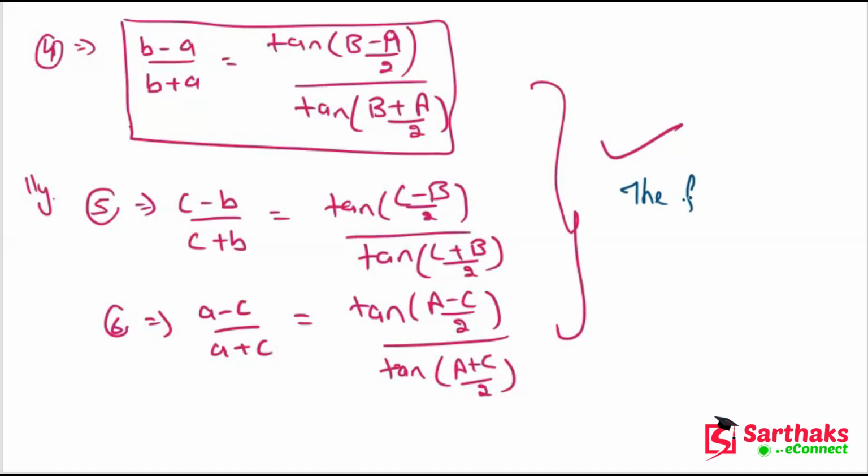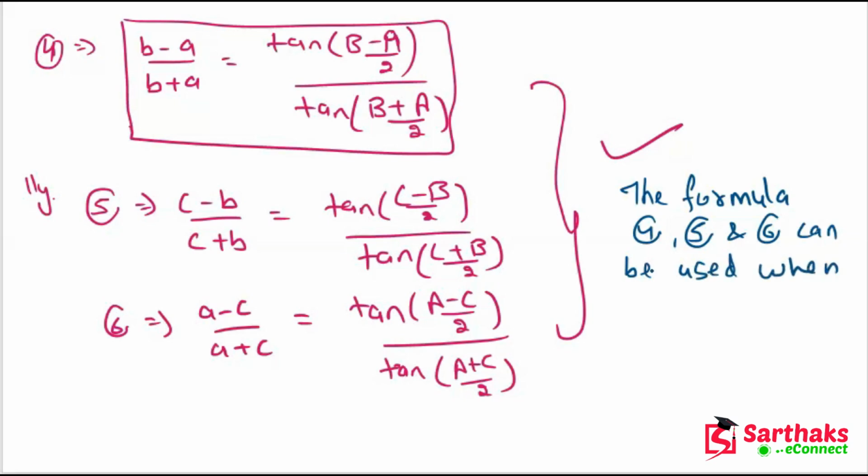The formulas 4, 5 and 6 can be used when b is less than a in formula 4, c is greater than b in formula 5, and in formula 6 a should be greater than c.